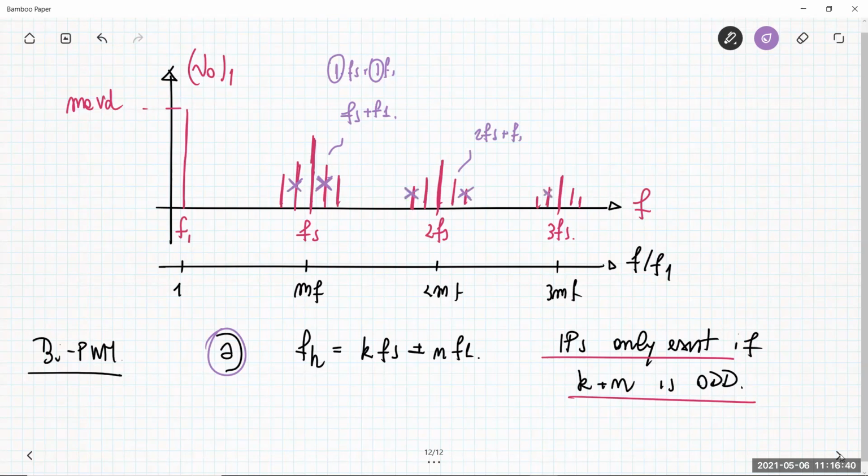Okay. 3 plus 1 is even, so it does not exist. So we can eliminate a lot of intermodulation products, and we eliminate all the intermodulation products in which K plus N is even. This is the basic simplification we can have that comes out naturally from our construction. Then there is another one, that only happens if the frequency modulation factor, Fs over F1, is an odd number.